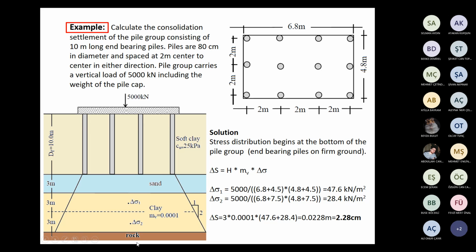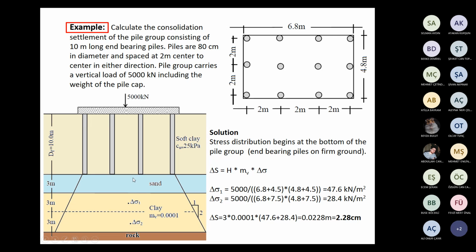Let us apply the same thing for this second sublayer, second imaginary sublayer, delta sigma 2. Here, total load will be divided by the area of this layer, this is mid layer, and block dimensions will be increased with the depth of this point.